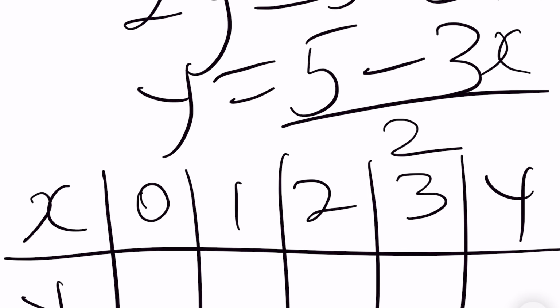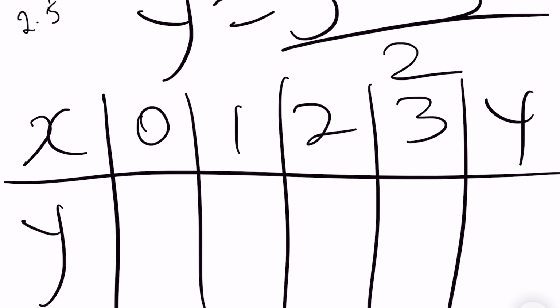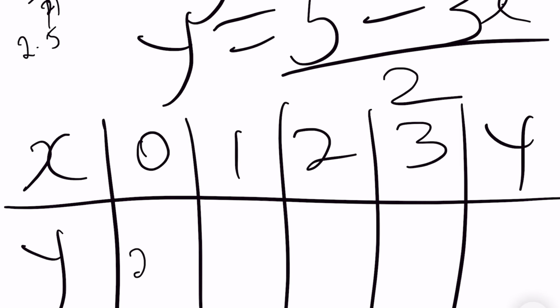Where x is 0, 3 times 0 is 0, and 5 minus 0 is 5. 5 over 2 is 2.5.